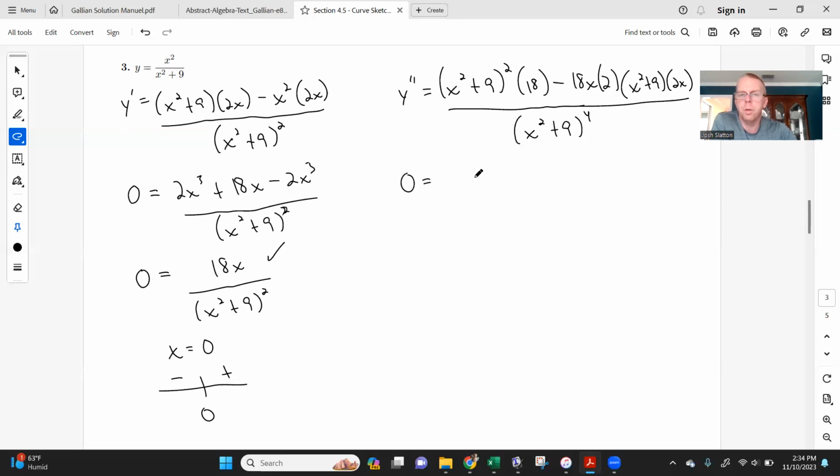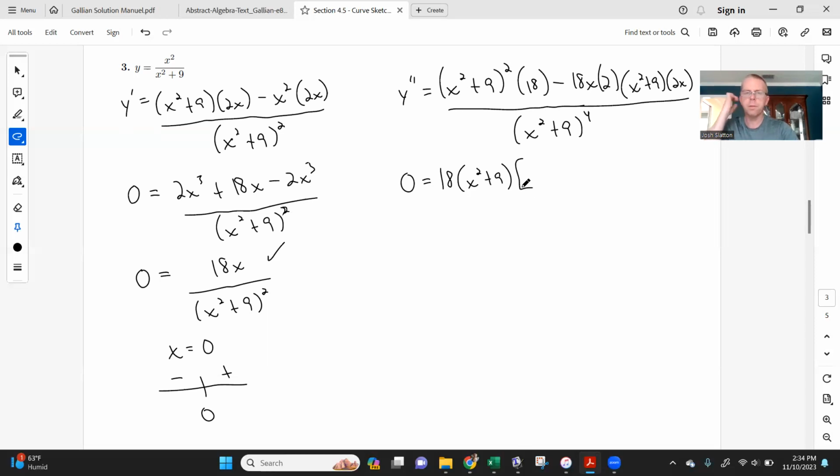Simplify the numerator. We have x squared plus 9 squared in that term. In this term, we have x squared plus 9. We can factor out an 18 as well, since we have 18 in both. So let's factor out 18 times x squared plus 9 and see what we're left with.